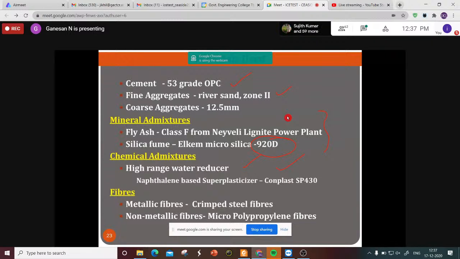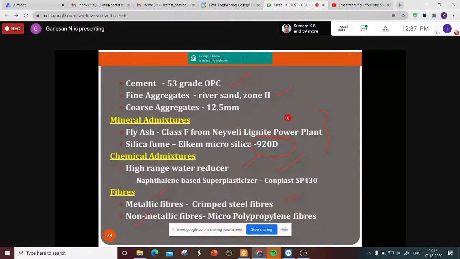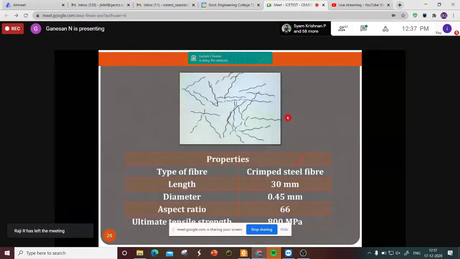Metallic fibers and non-metallic fibers, both are used: crimped steel fibers and micro polypropylene fibers. This is a crimped steel fiber which has a length of 30 millimeter, diameter 0.45, aspect ratio 66, and the ultimate strength is 800 megapascal. You know that the undulations are given mainly to improve the bond.